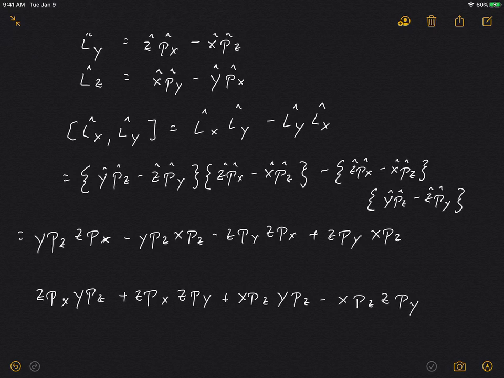Okay, now we have to see what we can cancel. So first let's look at this and this. They look very similar. And this one has a minus sign in front.